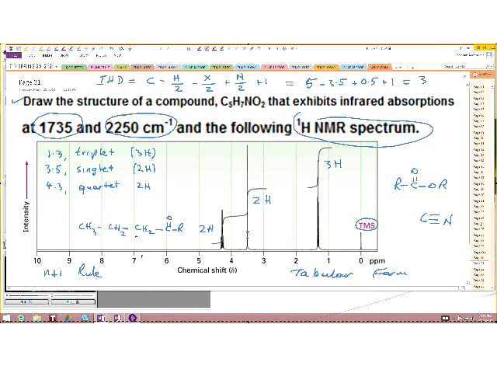If I have this here, the signal for this hydrogen will be split into N+1 peaks. Therefore, this will be a triplet because it is only seeing 3 hydrogens.